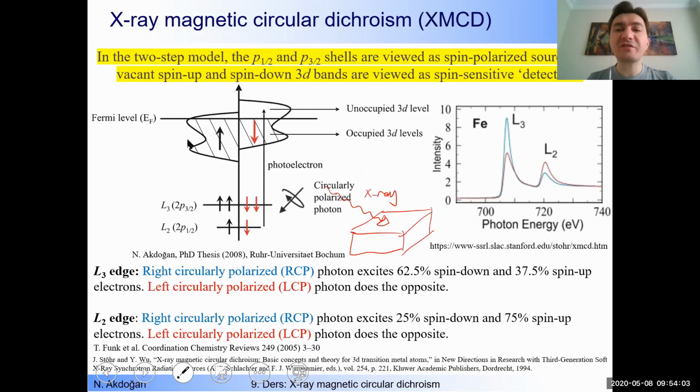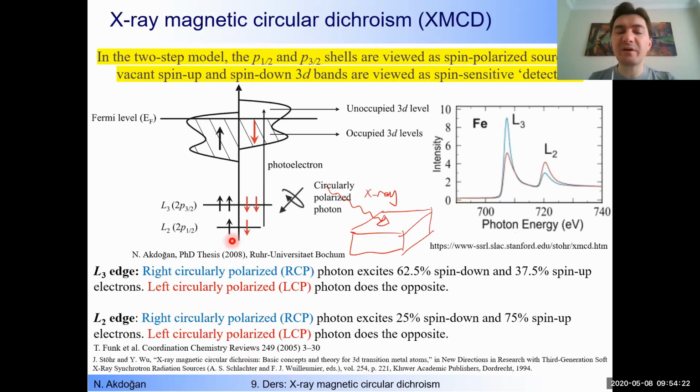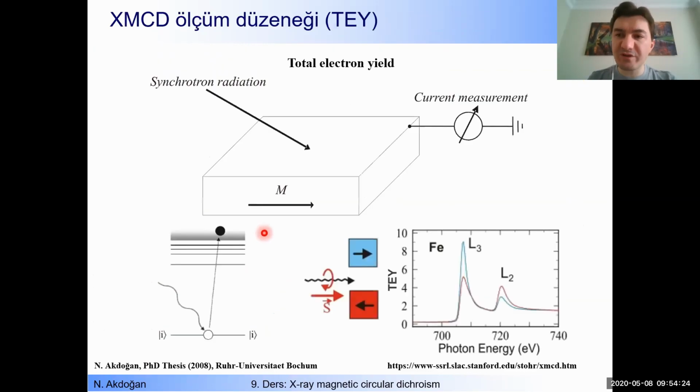So we have three different measurement setups or mechanisms in order to carry out XMCD experiments. This is the total electron yield method, in Turkish toplam elektron ürünü. Remember that XMCD experiments are absorption experiments, so we have absorption products, right?